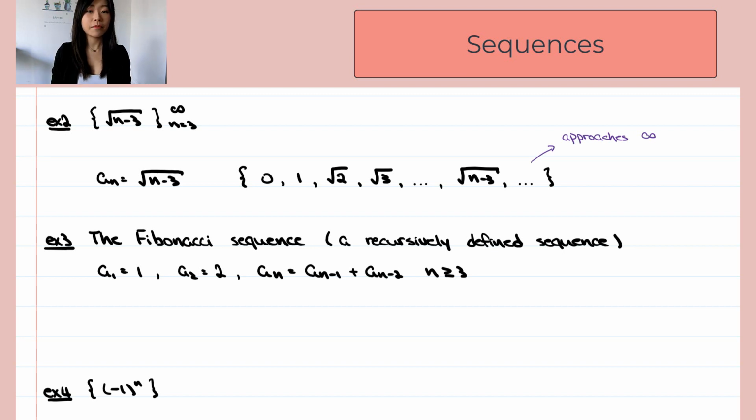In the third example, we use another notation. When we have a recursively defined sequence, like the Fibonacci sequence.